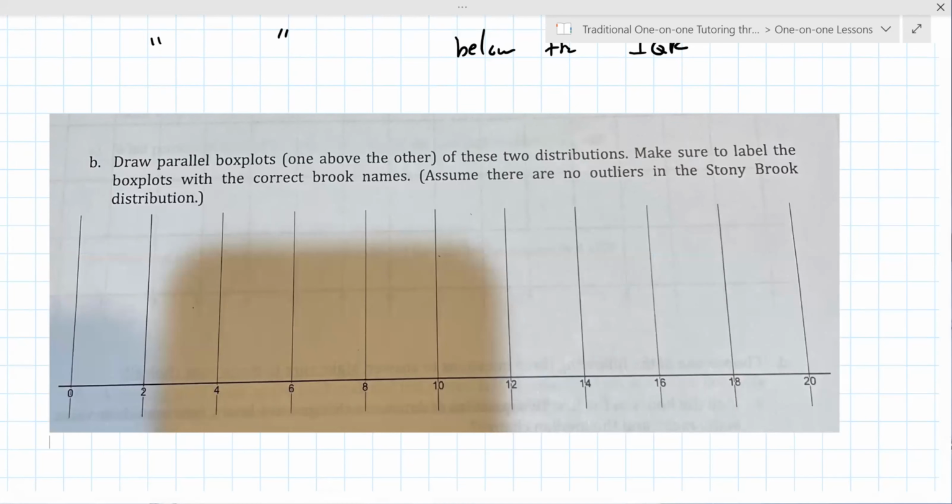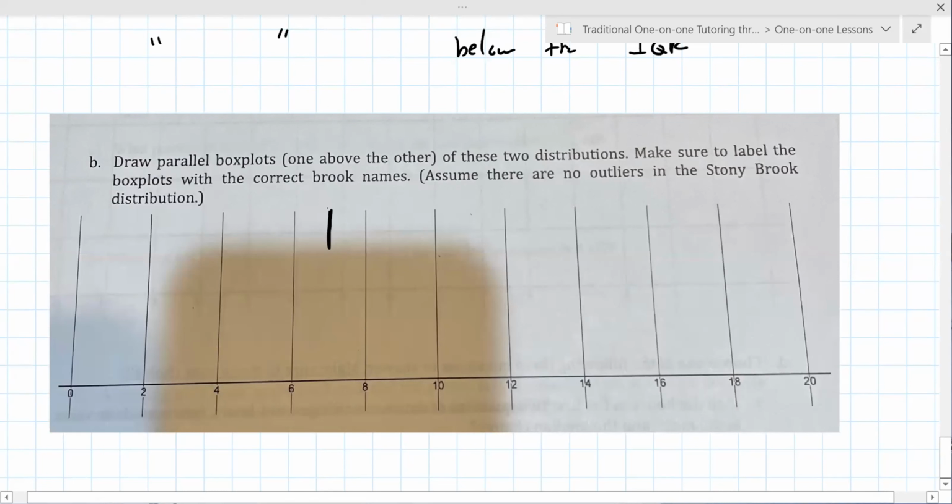You want to start with the median of Stony Brook, which is 5. So I'm going to come up here for Stony Brook. That's 5. That's its median. Then we go Q1, which is 3.5, right about there-ish. Q3 is 7.5, right about there. And then we connect them here.